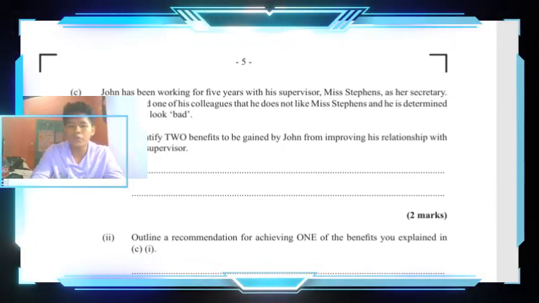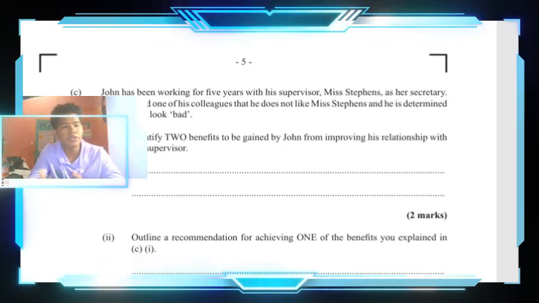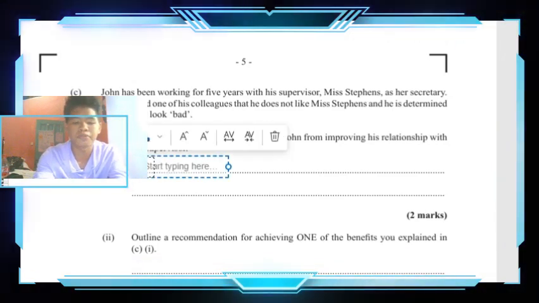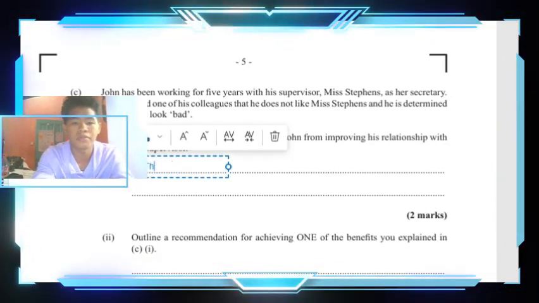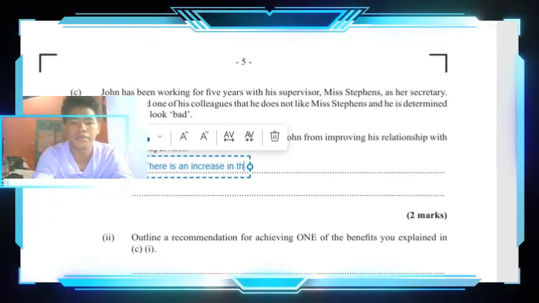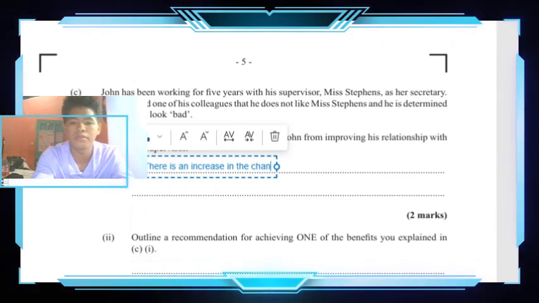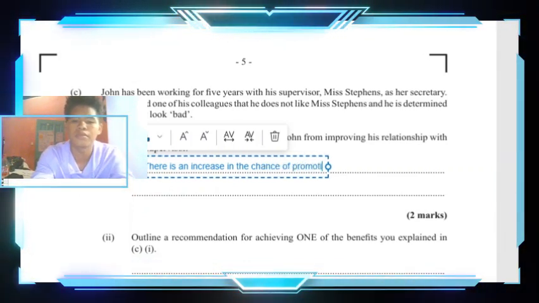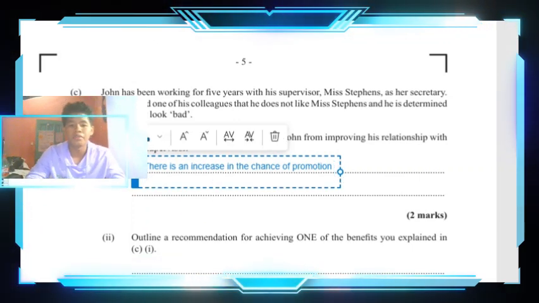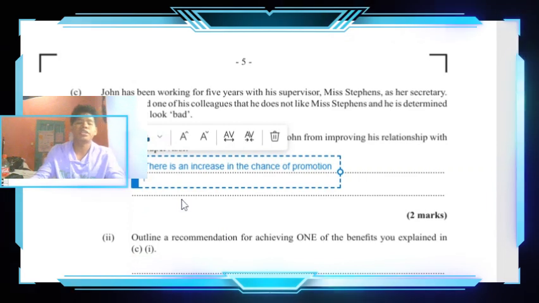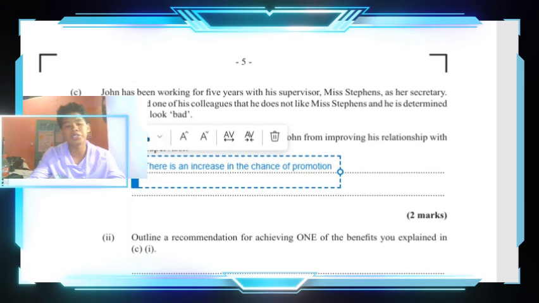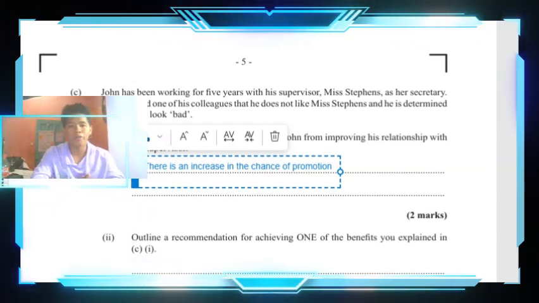So when you have a good relationship with your supervisor, there's an increased chance of promotion, because your supervisor is the one who will tell the boss how you are performing, right?